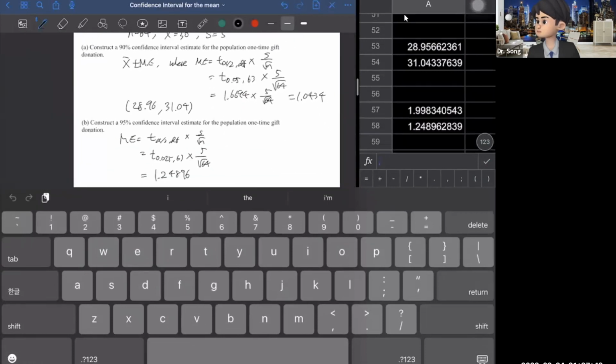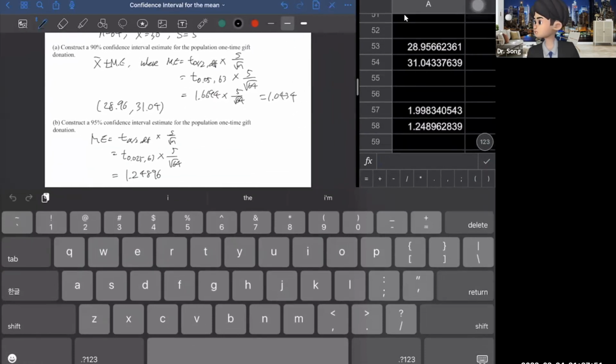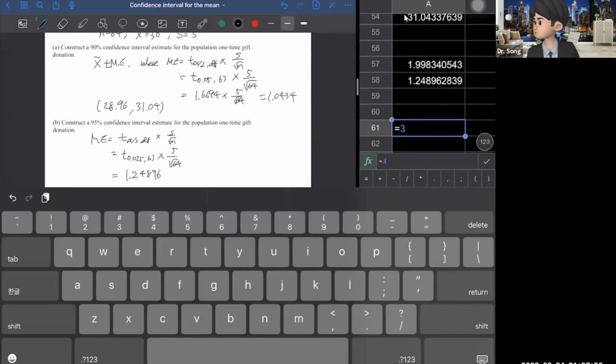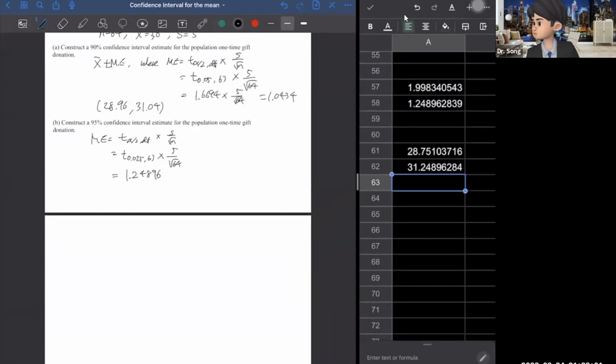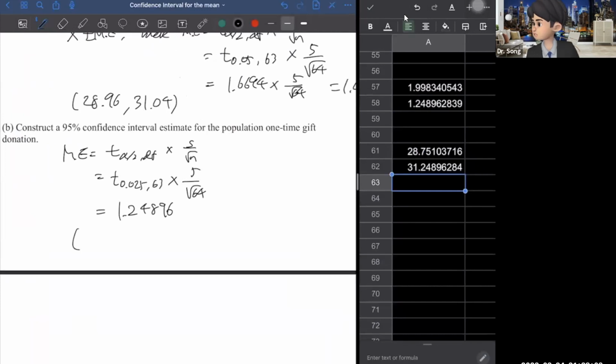Okay. So the sample mean 30 minus this margin of error gives me the lower bound. 30 plus this margin of error gives me the upper bound. Up to 2 decimal places, x bar minus margin of error and x bar plus margin of error are 28.75 and 31.25.